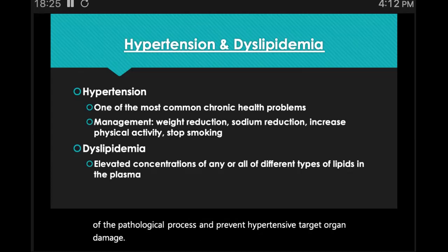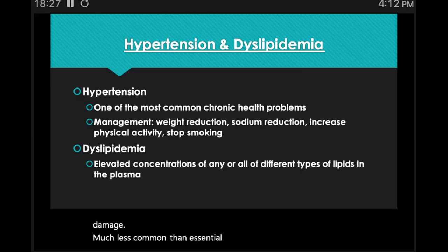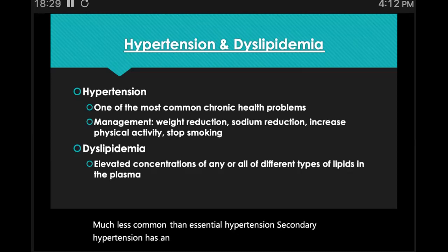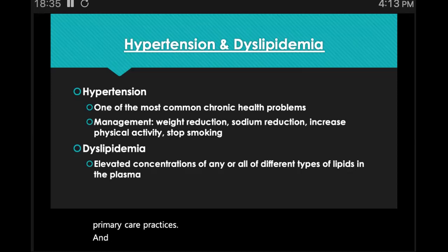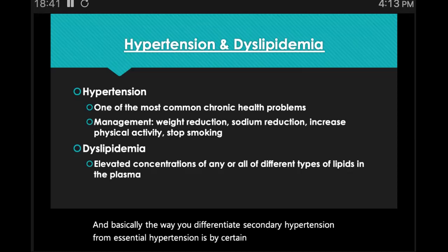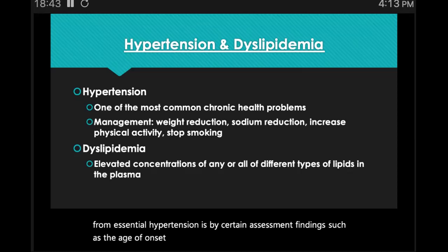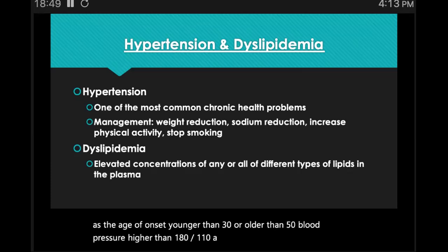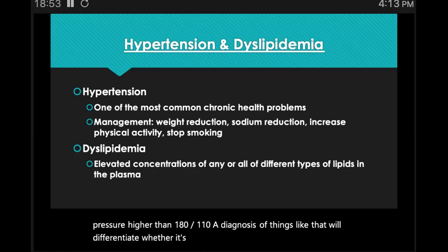Much less common than essential hypertension, secondary hypertension has an overall frequency of between 5 to 10% in primary care practices. And basically, the way you differentiate secondary hypertension from essential hypertension is by certain assessment findings, such as the age of onset, younger than 30 or older than 50, and blood pressure higher than 180/110 at diagnosis. Things like that will differentiate whether it's essential versus secondary.